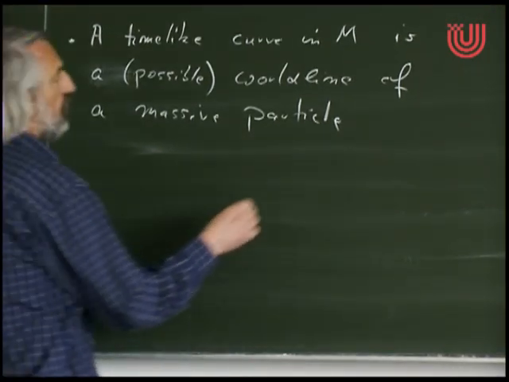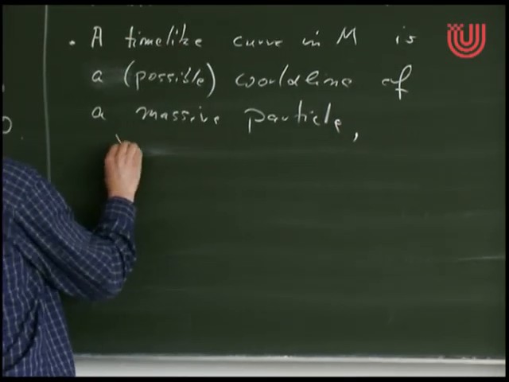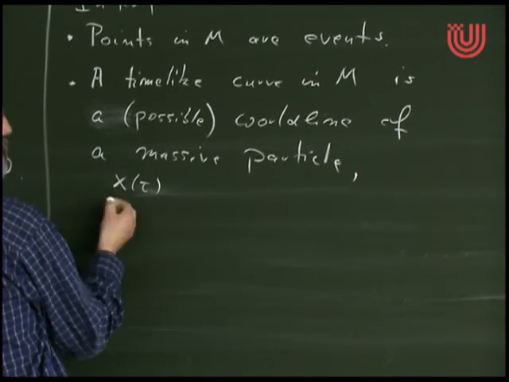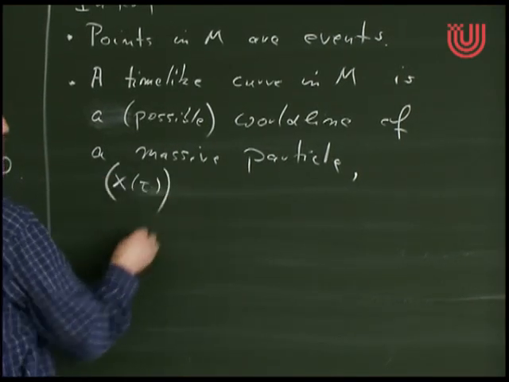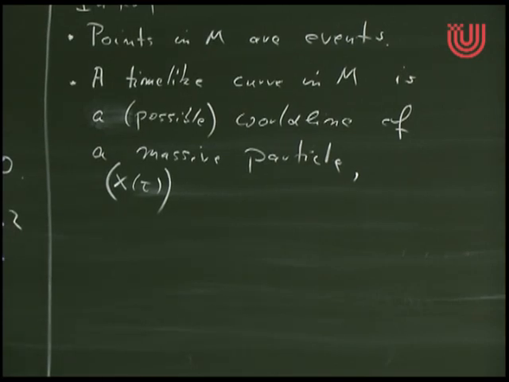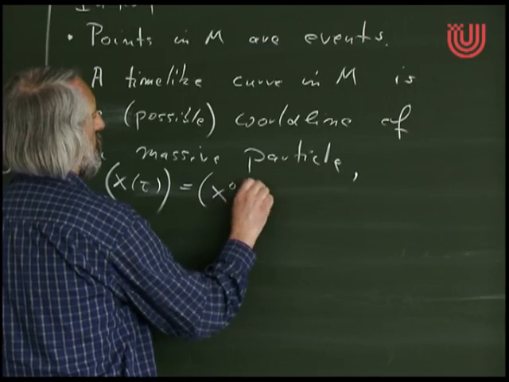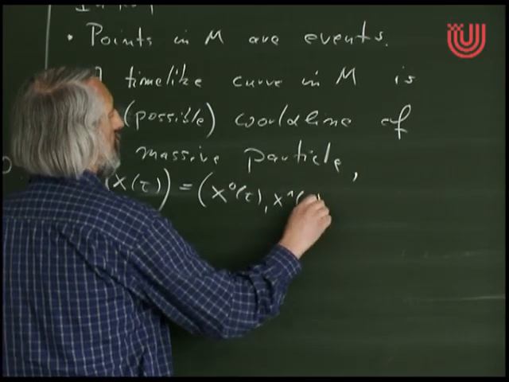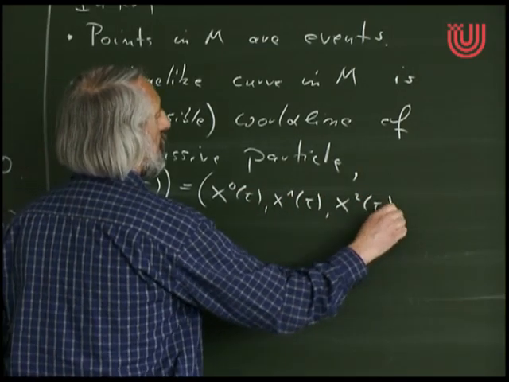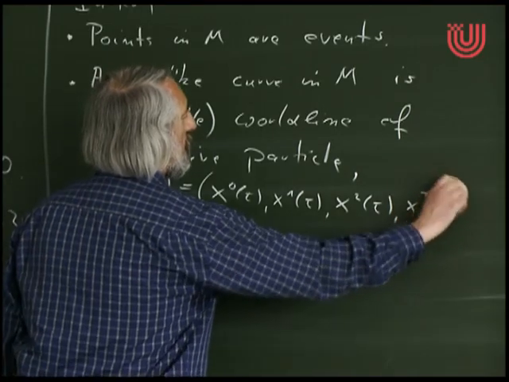This would be in coordinate language something of this sort: an x of tau, where x has 4 coordinates, so x0 of tau, x1 of tau, x2 of tau, x3 of tau.